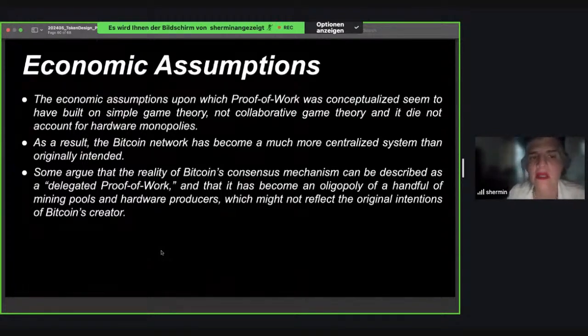As a result, the Bitcoin network has become a much more centralized system than originally intended, especially because of the fact that mining pools have emerged over time, where individual miners created mining cartels by creating a pool of miners to have a competitive advantage of validating more blocks and gaining more block rewards.